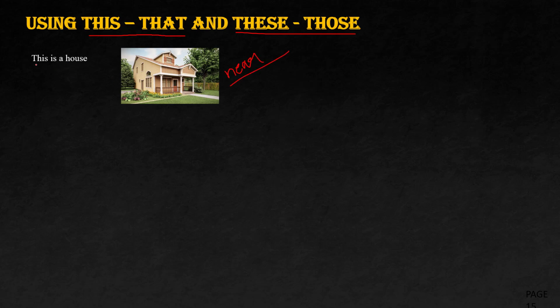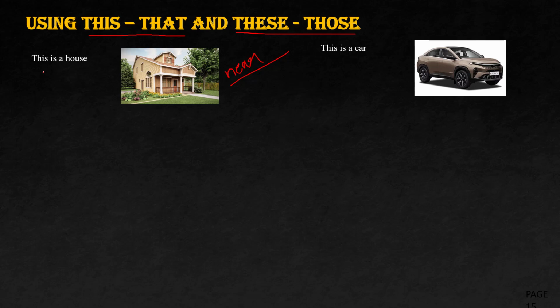Here, this is a house. Now you can create a negative sentence for this by writing this isn't a car, right? This is a house, but this isn't a car. This is a car, but this isn't a house, right?